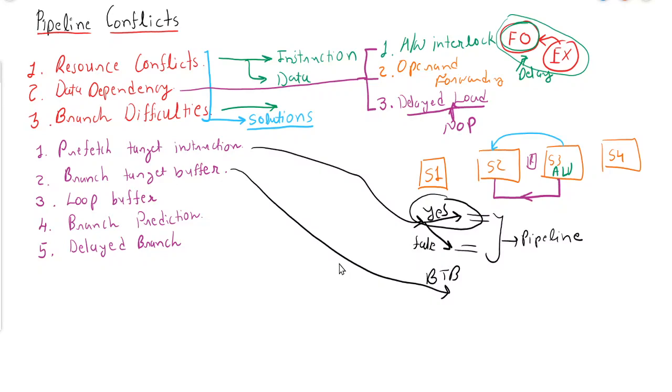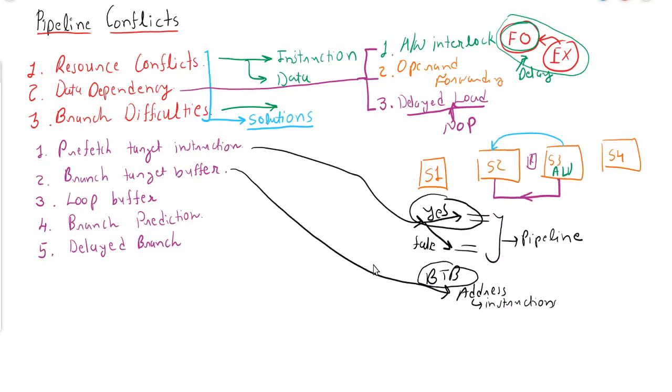In it, the addresses of previously executed branches are stored. In the past, whenever a condition was true and there was a branch, the address of that branch will be stored in the buffer, along with some instructions.